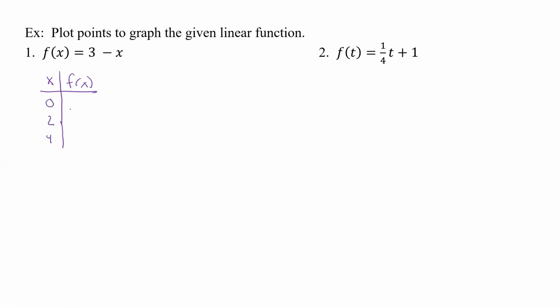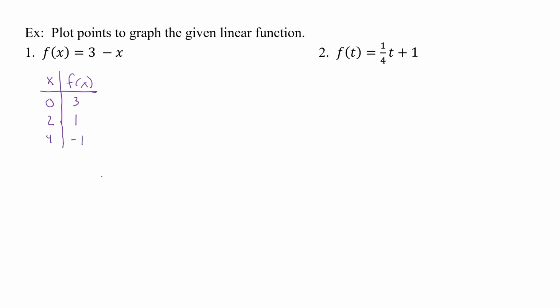Okay. So if we plug in 0, so f of 0, what is that? Well, 0 for x gives us an output of 3. If we plug in 2 for our input, 3 minus 2 is 1, so our output is 1. Now if we plug in 4 for x, 3 minus 4 is negative 1 for our output.